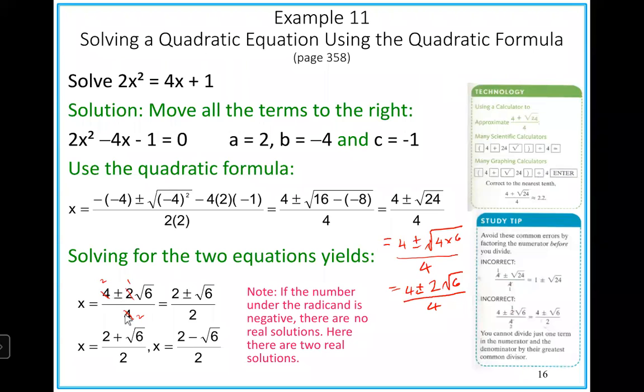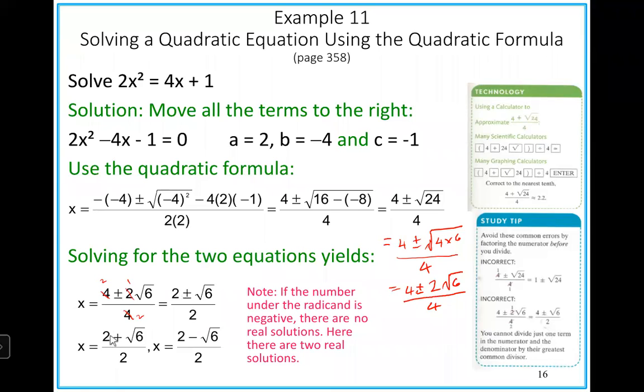So if you find a factor that could divide the bottom and divide both of the terms at the top, then you could go ahead and cancel. But if you can't cancel both the terms at the top, if there's a plus or minus sign between them, then you can't just cancel 1. So that's how we reduce this now to 2 plus or minus square root 6 over 2.